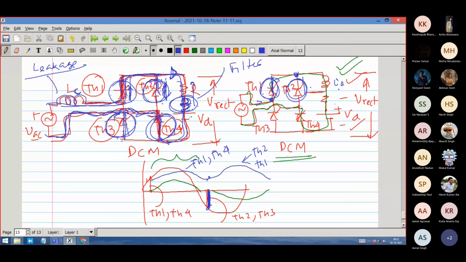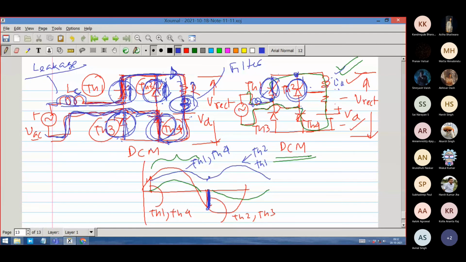Even if in this case you consider a filter inductor and a leakage inductor, if these 2 things together make the current discontinuous, then it is discontinuous. No issue. There will not be any difference whether the small leakage inductance is in the AC side or DC side, provided these 2 inductors are coming in series.